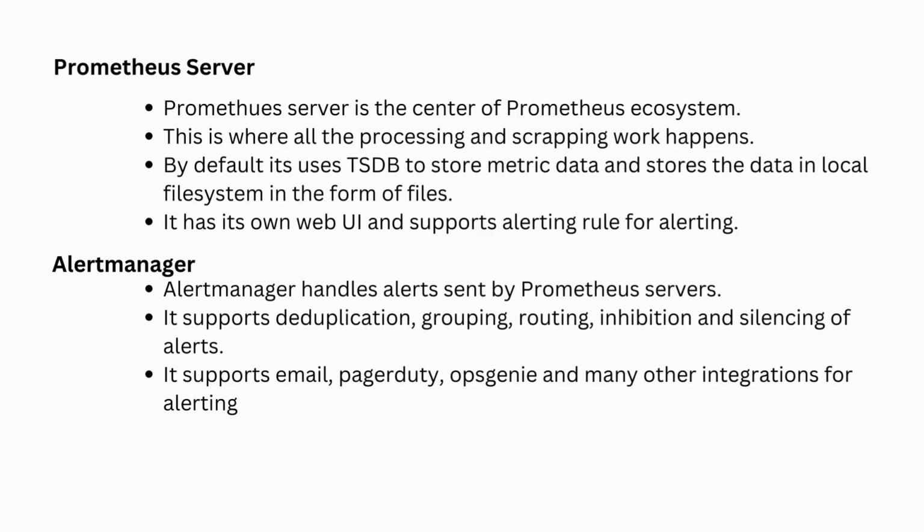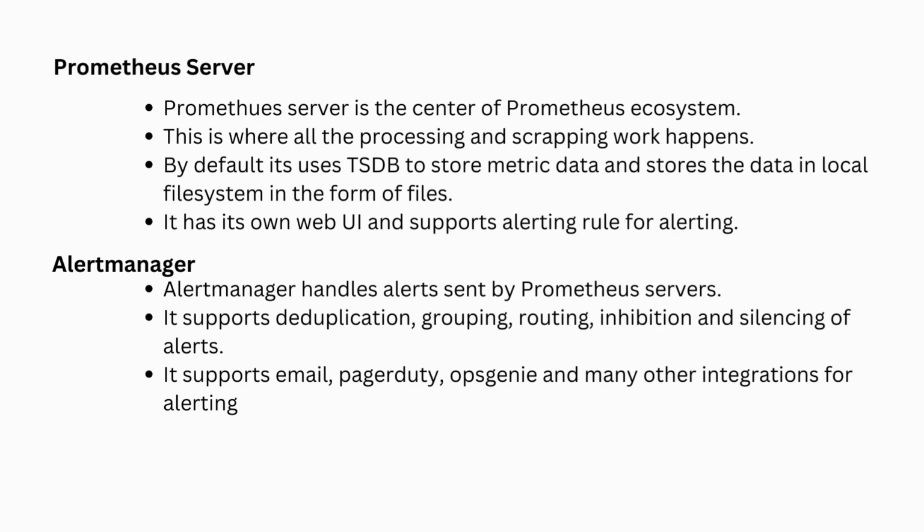Routing: as per your will, you can route different alerts to different mediums. Suppose you want low priority or low severity alerts to go to a Teams channel, and high priority alerts to go via email to particular recipients. So you can configure this in your alert manager.